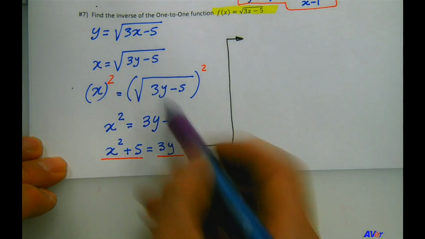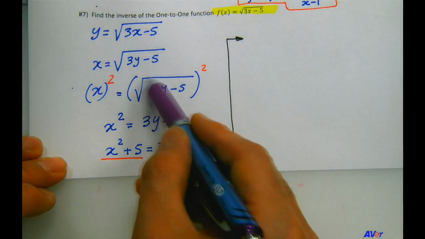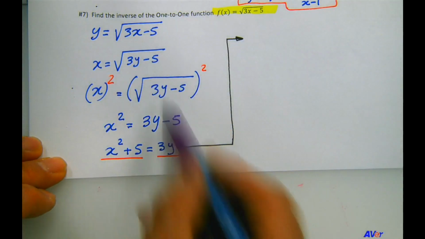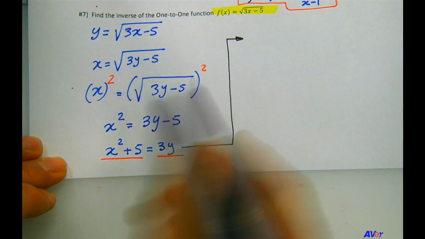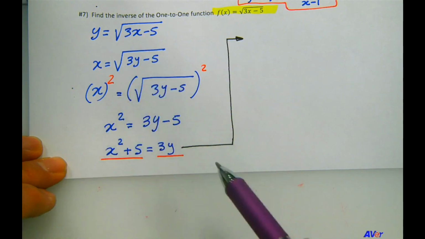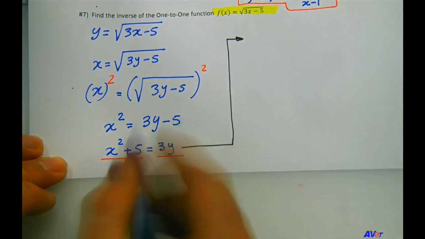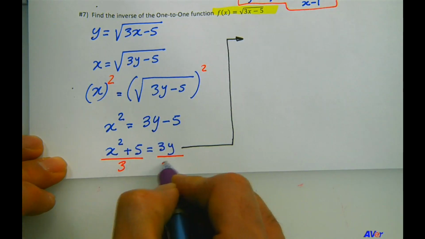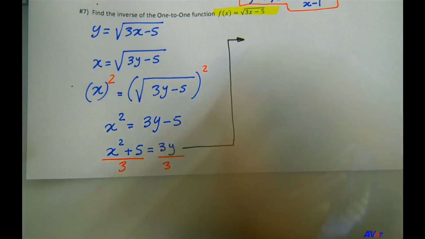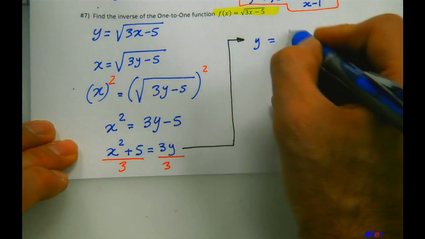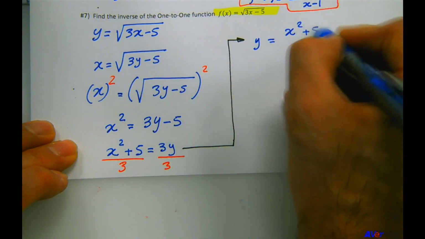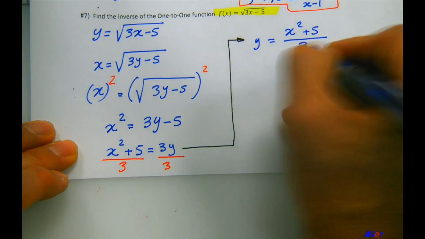Notice the technique to getting rid of the square root, the negative 5, the 3. These are different techniques to get rid of different things. I hope you're catching that. Okay? So here we need to divide both sides by 3. And we end up with y equals x squared plus 5 divided by 3.